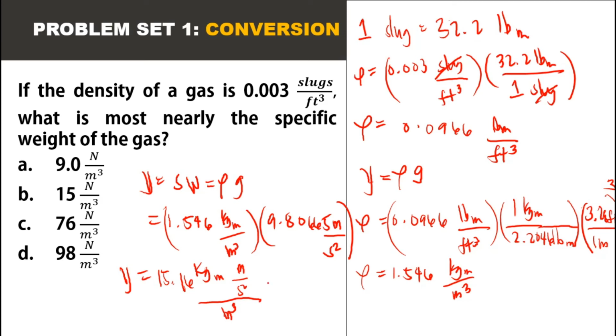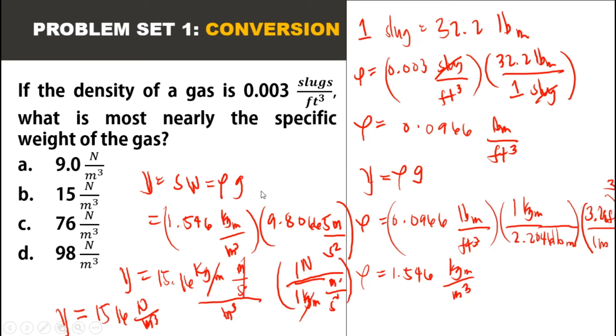So using the gravitational constant, so we have 1 Newton per 1 kilogram mass meter per second squared. So this will cancel. We have letter B as our answer.